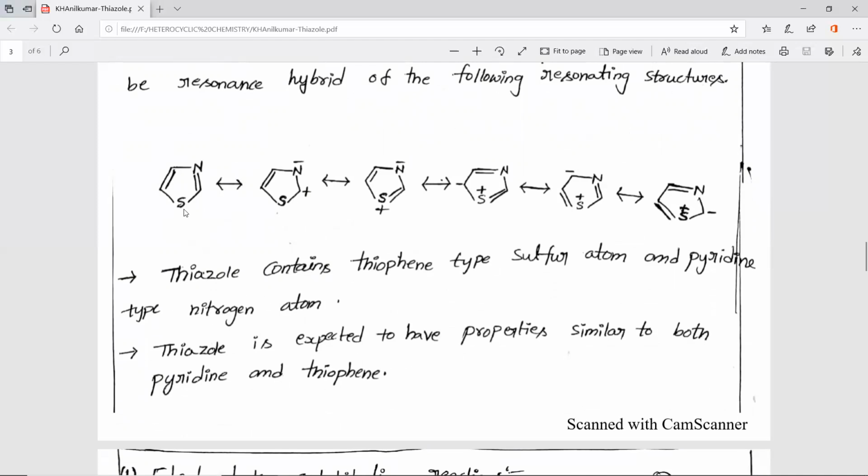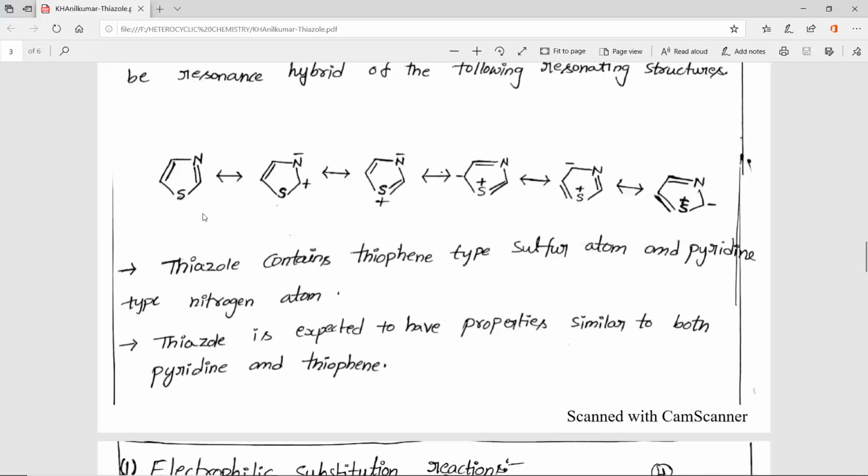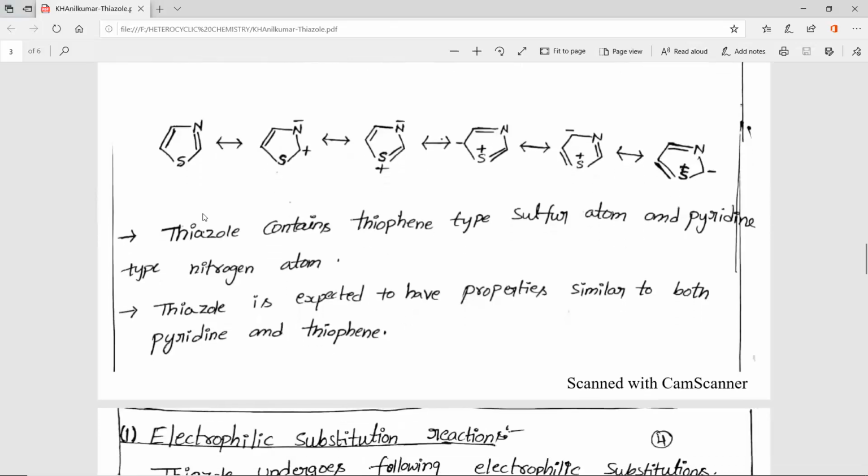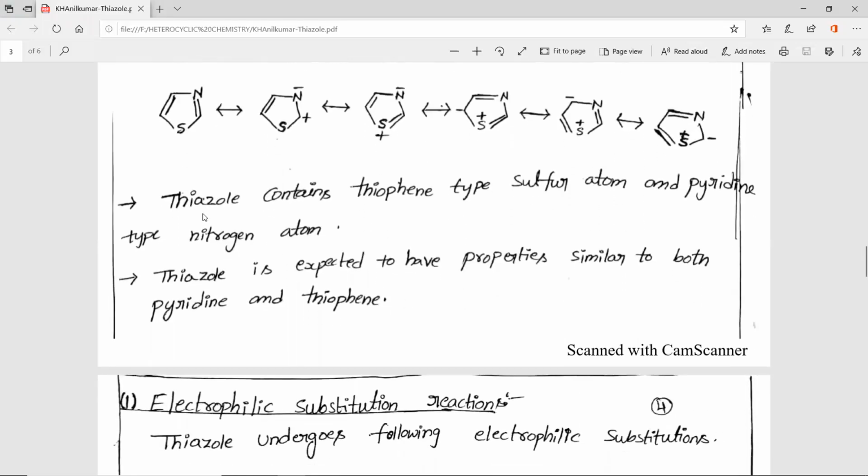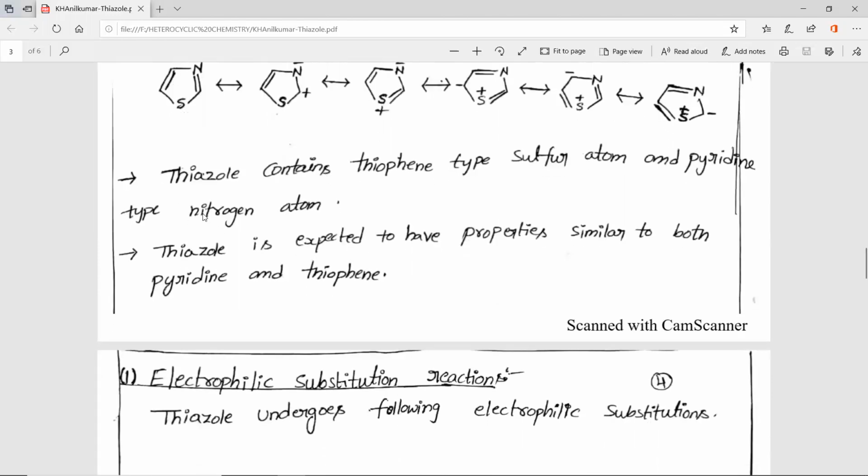So this sulfur atom behaves as the sulfur atom in thiophene, and this nitrogen behaves as a pyridine type of nitrogen, that is electron withdrawing in nature. So thiazole is expected to have properties similar to those of pyridine and thiophene, because the sulfur atom behaves as a thiophene sulfur and the nitrogen behaves as a pyridine type of nitrogen.